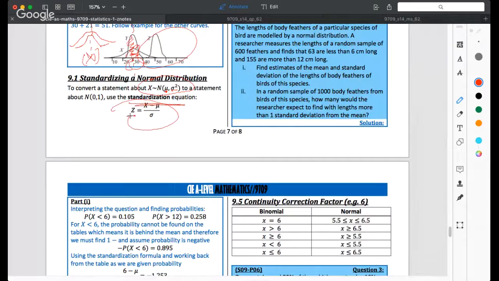Z follows a standardized normal distribution, which has mean 0 and variance 1, and X follows a normal distribution with mean mu and variance sigma squared. How do we relate X and Z? It's just Z equals X minus mu, divided by sigma.